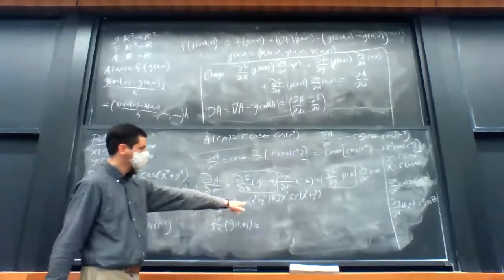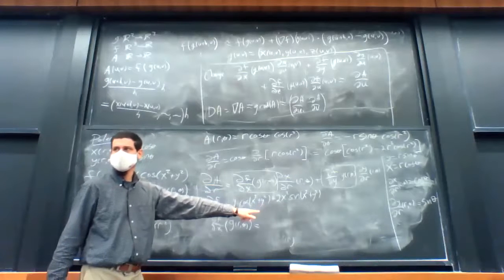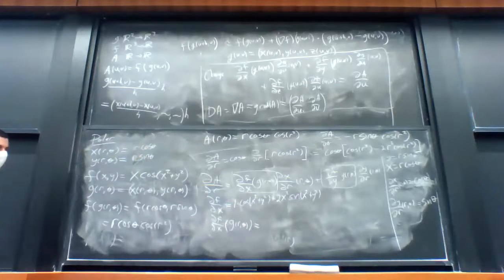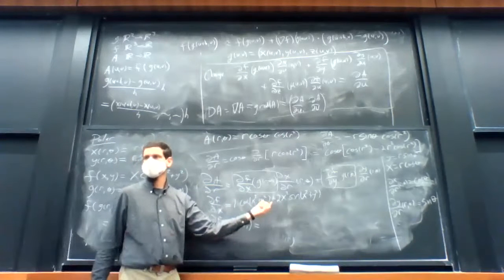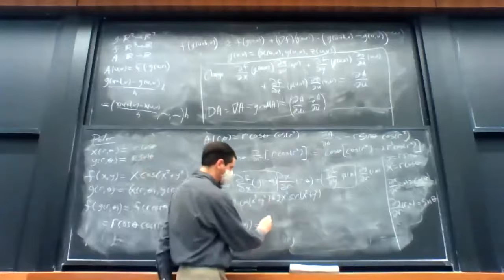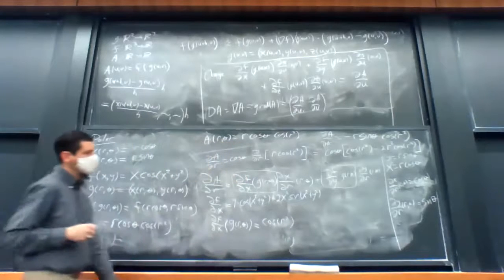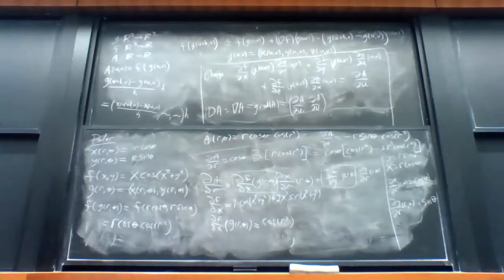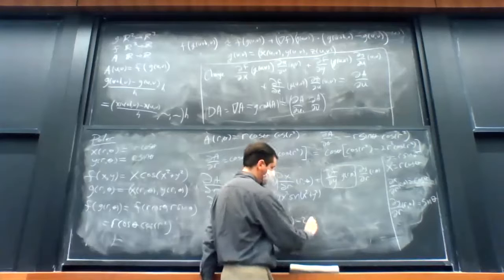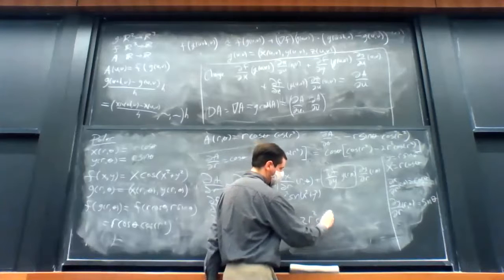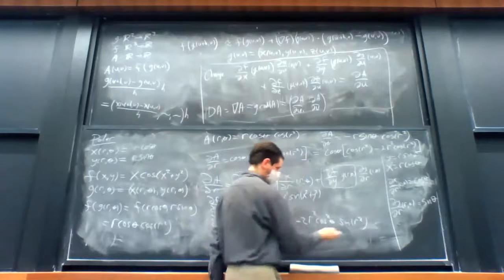So the first piece, what is this going to be at G of r, theta? What's x squared plus y squared? r squared. So it's going to be cosine of r squared. Now we have minus 2x squared. So that's going to be minus 2r squared cosine squared theta sine of r squared.